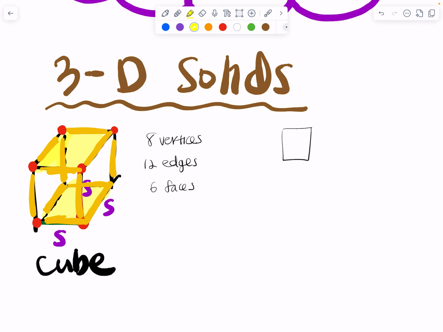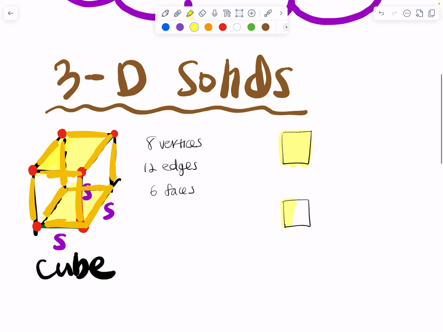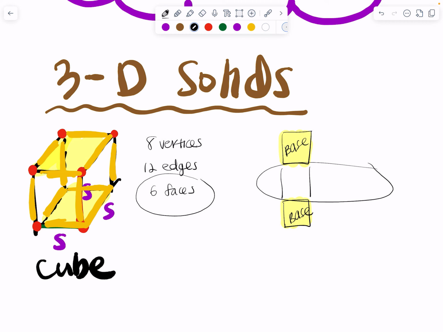That's my base right there, and then there's another base like that. We said there's 6 faces in total. This is base, that's base. There better be 4 more faces.